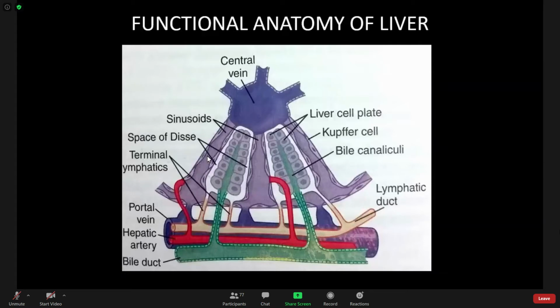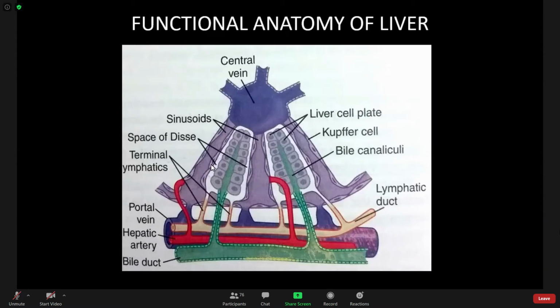And the liver sinusoids are lined by a special type of cells, that is, typical endothelial cells. It is also lined by macrophages.